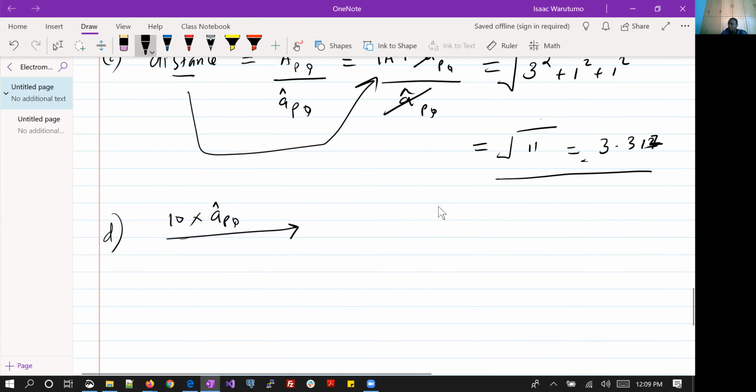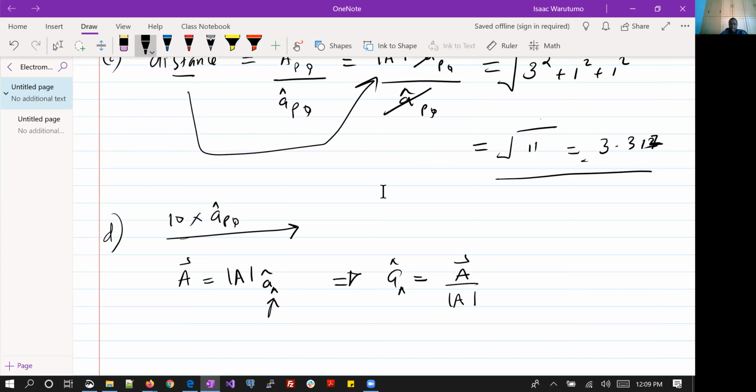In our notes we said that vector A is given by the magnitude A and the unit vector A hat. So now that we are being asked to find this, we simply say that A hat is given by A divided by the magnitude of A. And that is what we have found here.